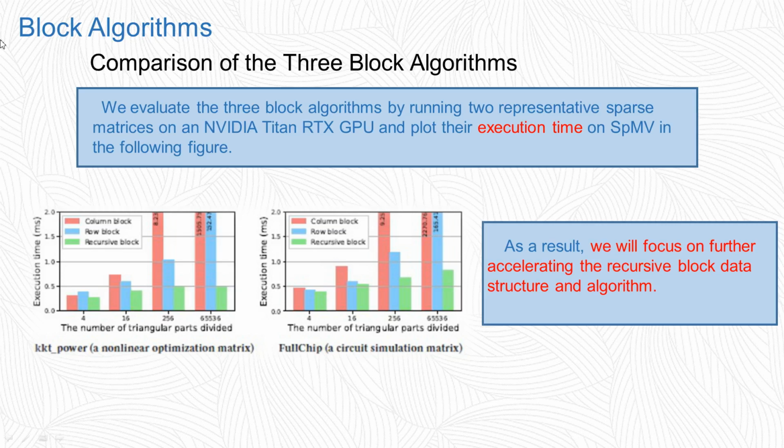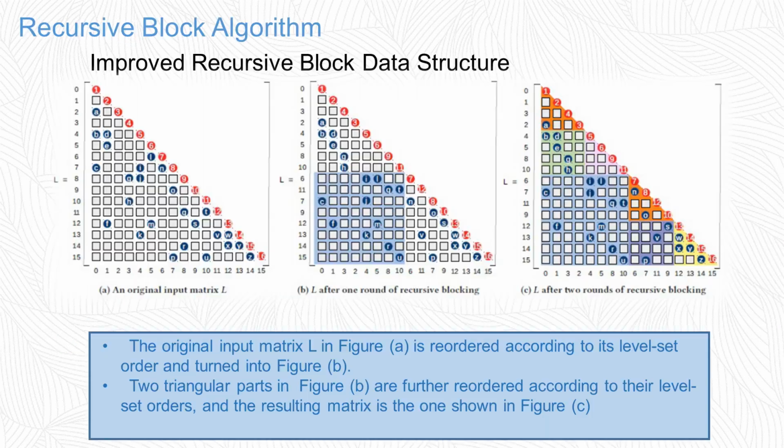As can be seen, the SpMV kernels in the recursive block algorithm almost always take less overhead than the column and row block methods. As a result, we in this work will focus on further accelerating the recursive block data structure and algorithm.